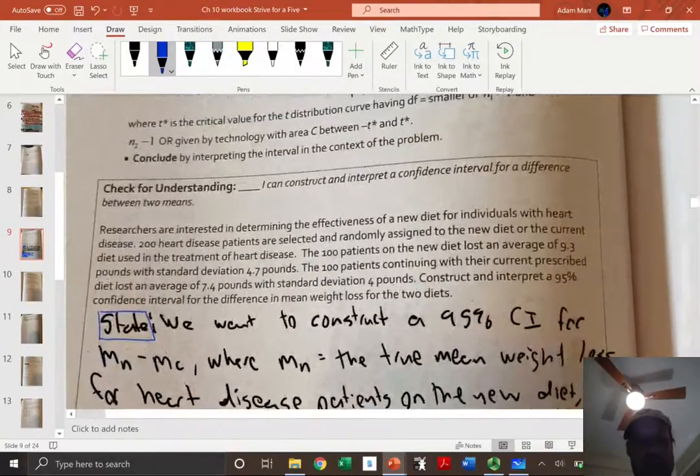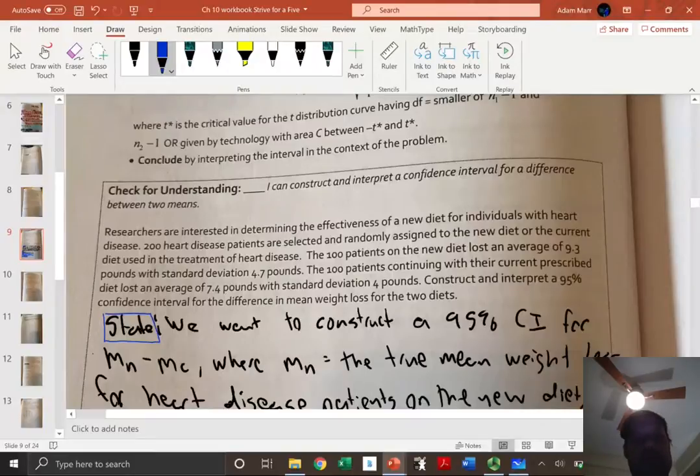Okay, so let's take a look right here. Researchers are interested in determining the effectiveness of a new diet for individuals with heart disease. 200 heart disease patients are selected at random and assigned to the new diet or the current diet used in the treatment of heart disease. The 100 patients on the new diet lost an average of 9.3 pounds with a standard deviation of 4.7 pounds.